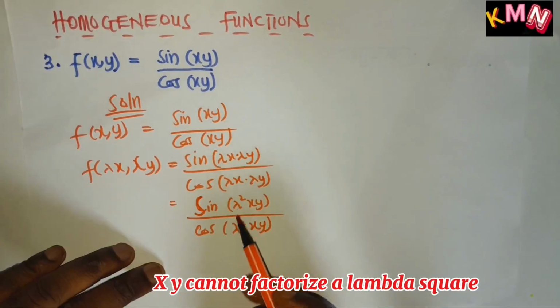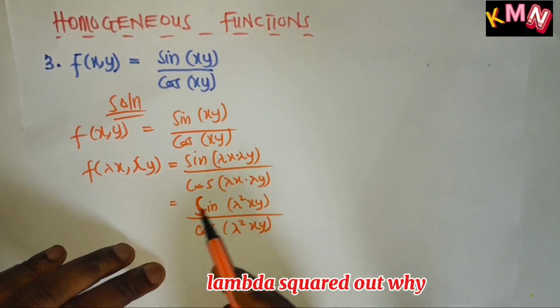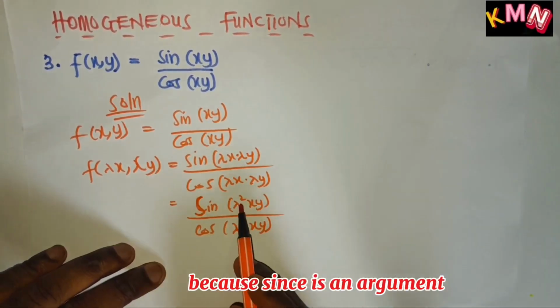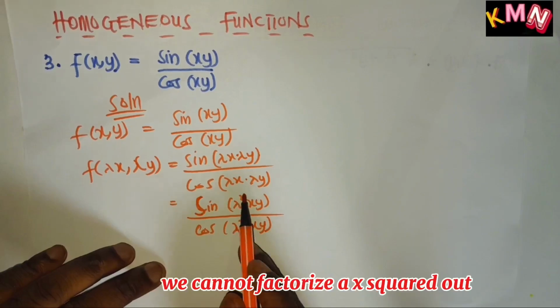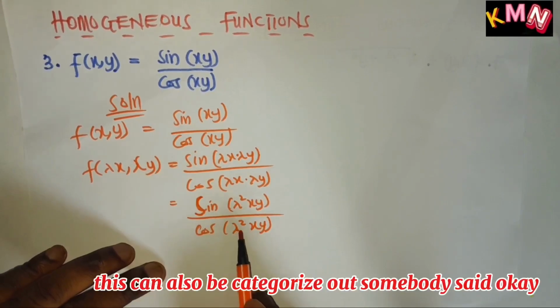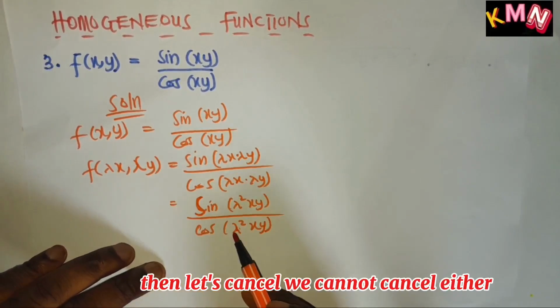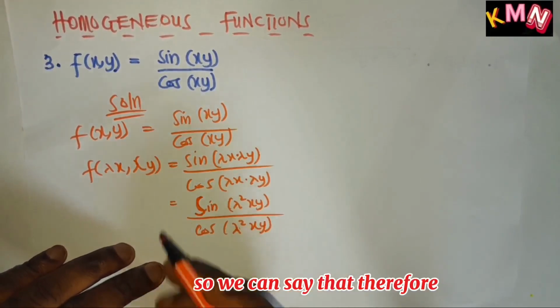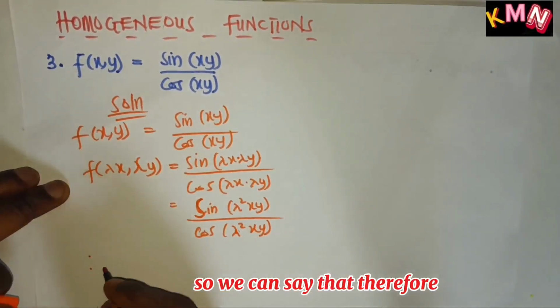You cannot factorize the lambda squared out. Why? Because it is inside an argument, so we cannot factorize it out. Somebody will say, okay, then let's cancel. We cannot cancel either. So we can say that, therefore, it is not homogeneous.